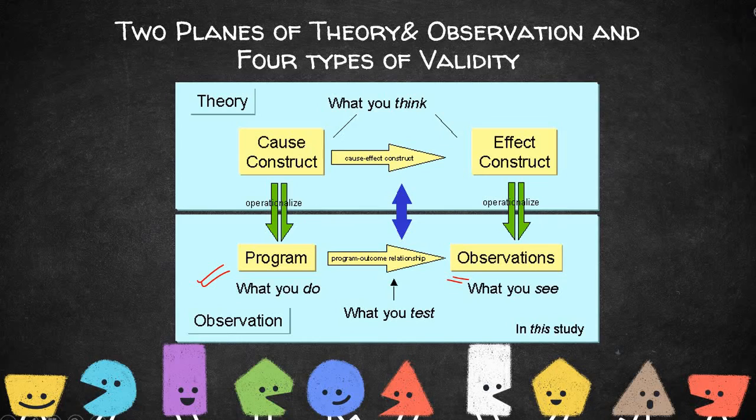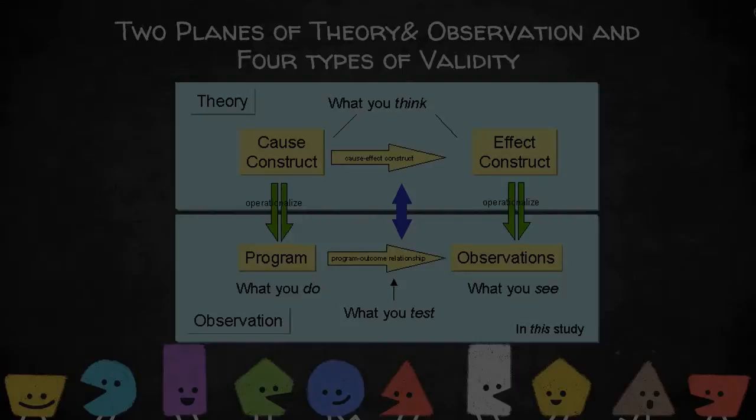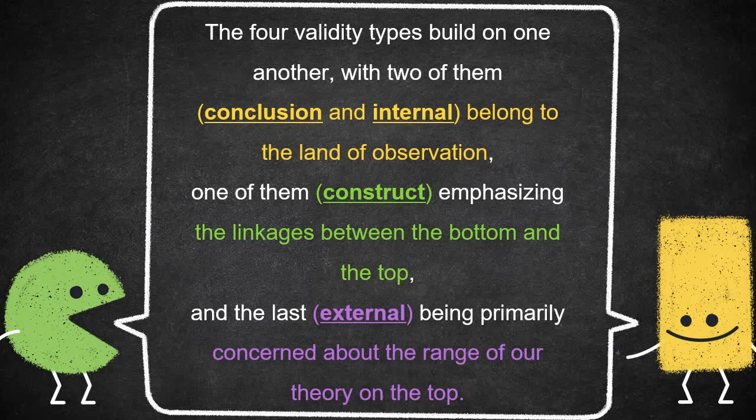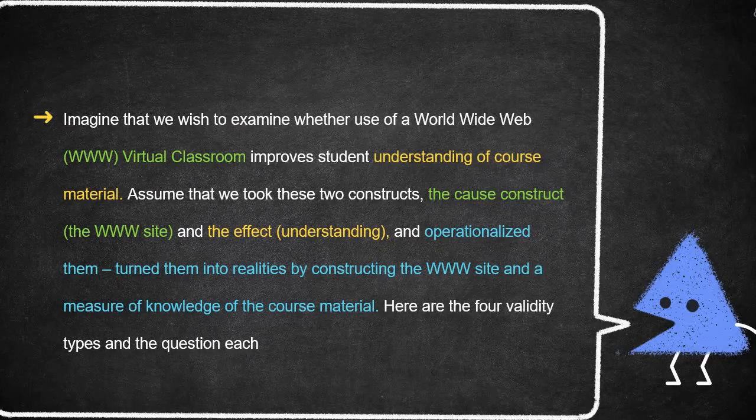So what these terms actually mean, let's try to understand validity through some example. Let's say you have some reasons to believe that virtual classroom improves students' understanding of course material.